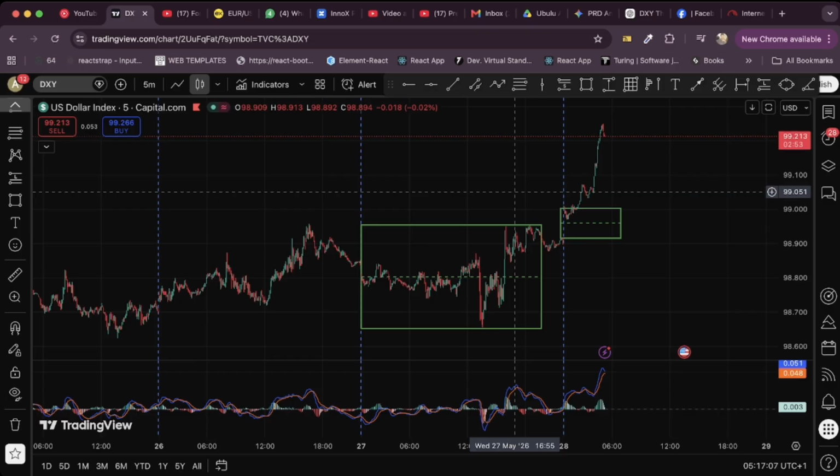But if we come down to the 5-minute time frame, we can see that price is more or less looking like it wants to give us selling pressure. Due to the fact that we have an understanding of what's happening in the higher time frame, we cannot comfortably jump on a sell.